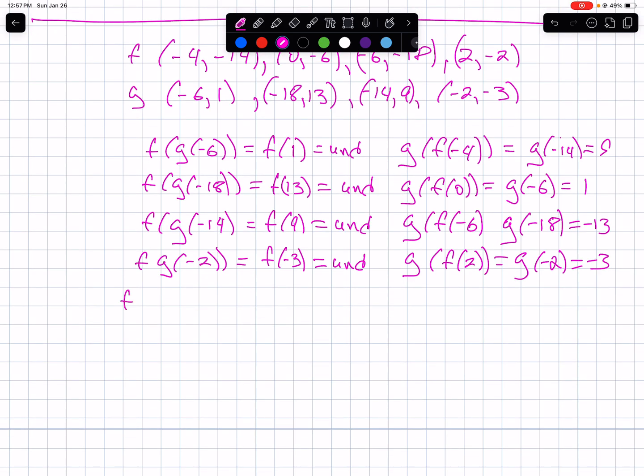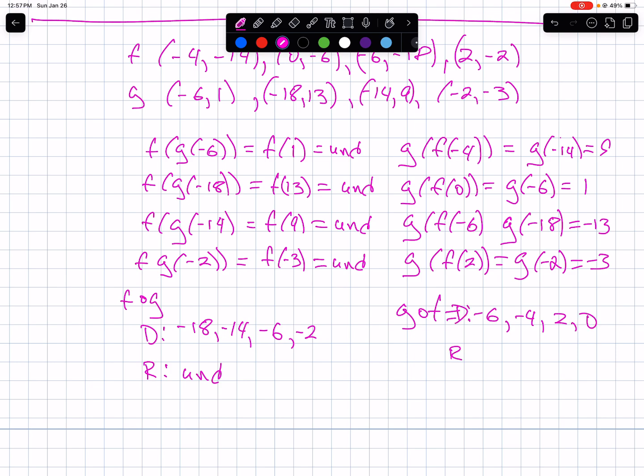So the F of G domain is negative 18, negative 14, negative 6, negative 2. Range is undefined. G of F is negative 6. 13, negative 3, 1, and 9.